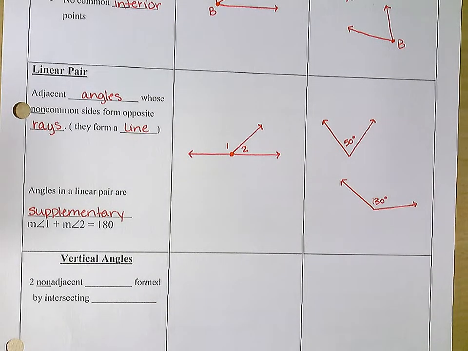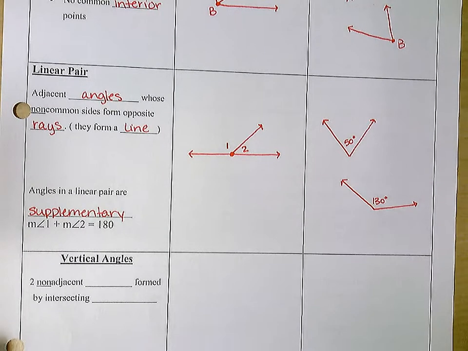Now if I add those together, I still get 180, right? But they're not forming a straight line, so it can't be a linear pair. Okay, so a linear pair always has to form that line. Okay, they have to be adjacent angles. Does that make sense? Yes? Any questions on linear pairs?